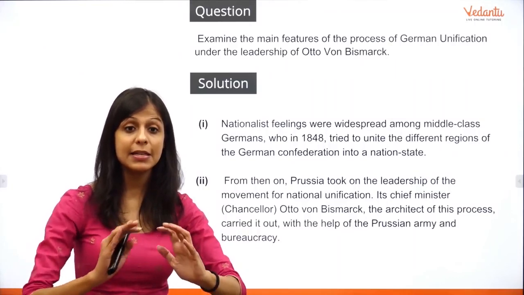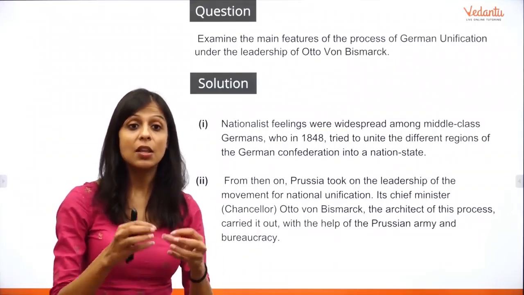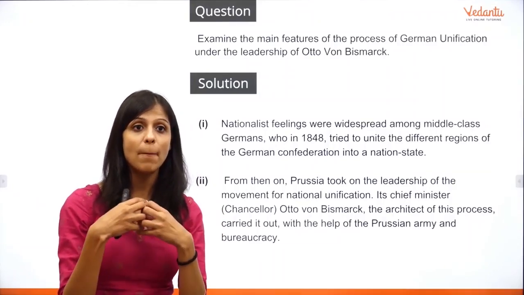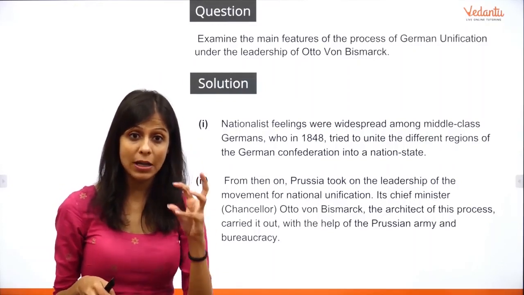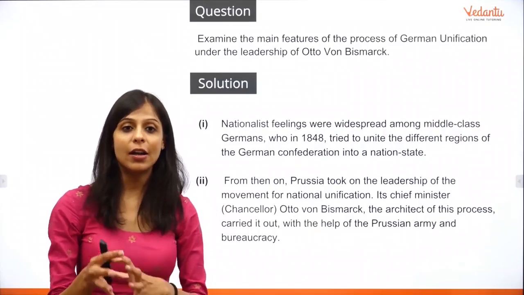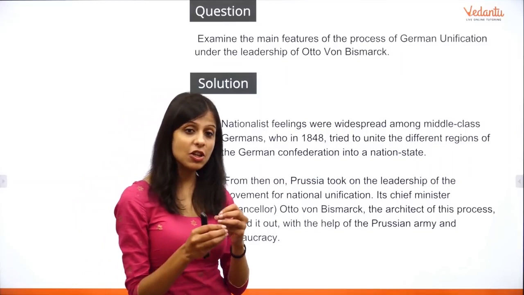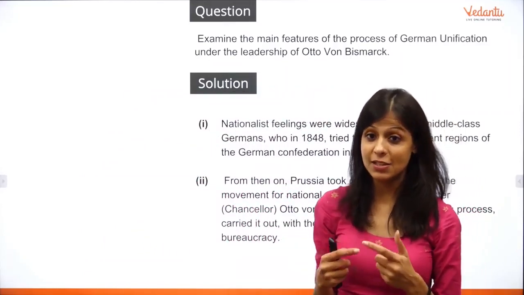But in Germany, the union was being established under the leadership of Prussia. So Prussia is one of those important states that brought about a revolutionary change in German unification. There we had a chief minister, in Germany generally known as the chancellor.